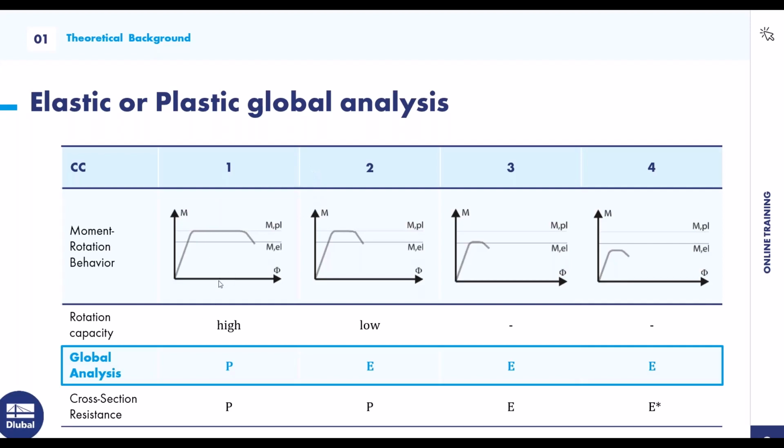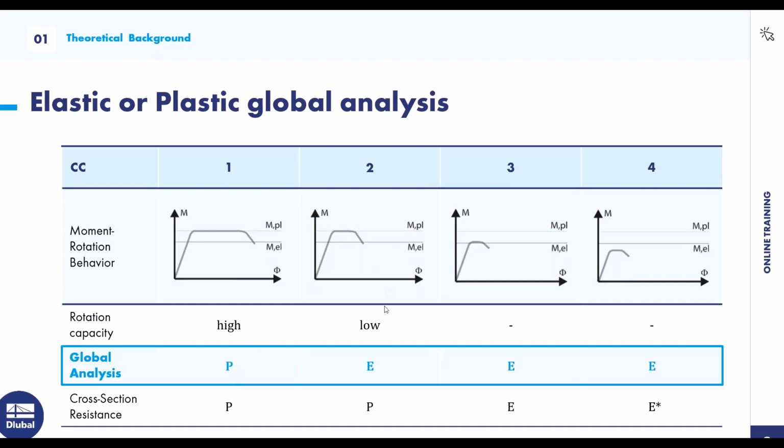The first cross-section class has a high rotational capacity, and this allows a plastic structure calculation. For example, you can consider plastic hinges, but it's not so often used in practice. And the cross-section resistance can be applied plastically.